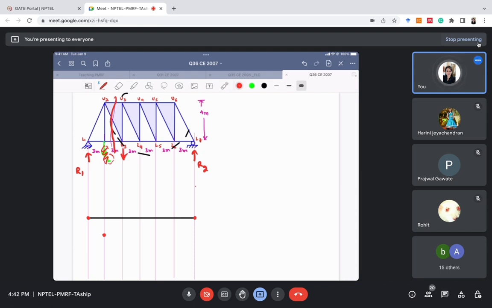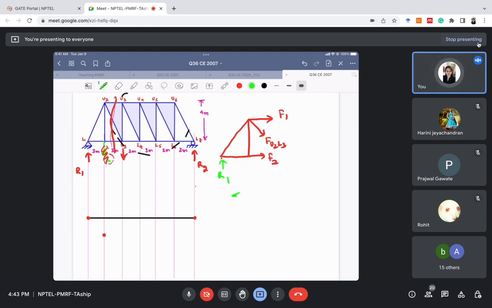We'll cut the section U2 to L3, and we'll take the section which does not contain the unit load, just for ease of calculation. There's nothing very technical about it. So it is FU2L3. Let's call it F1 again, and this F2 again. So it is like this, and this is R1, right?